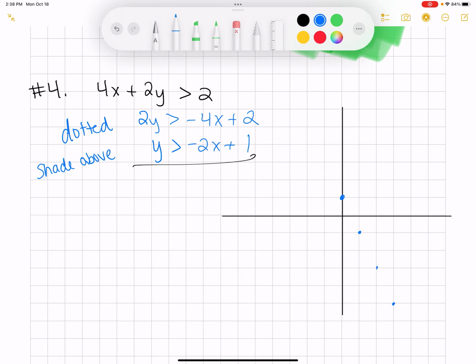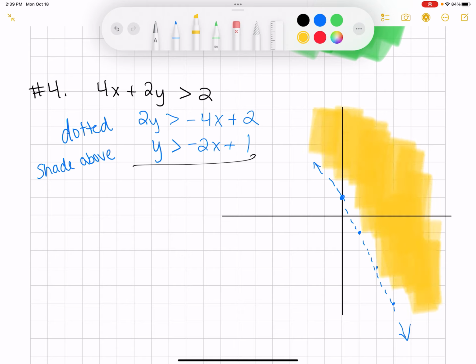Okay, we said it was dotted, so I'm going to, as best as I can, connect it. Okay, and we said we shade above. So that means where the y is bigger, so we're shading up here.